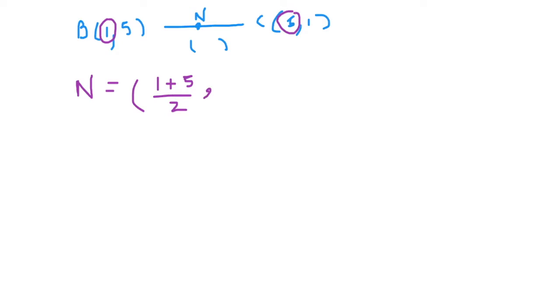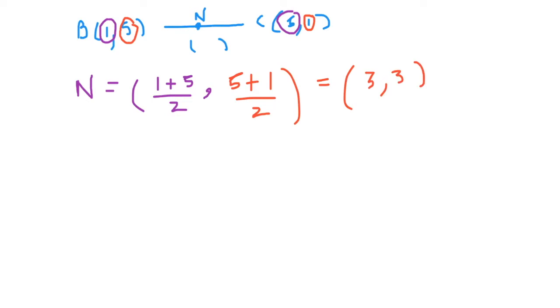Next, it will be (y1 + y2) divided by 2. So y1 is this, y2 is this, (5 + 1) divided by 2. We will simplify it further. So we'll get 6 upon 2, 6 upon 2 for both, which is (3, 3). So now I have the coordinates of N as well.